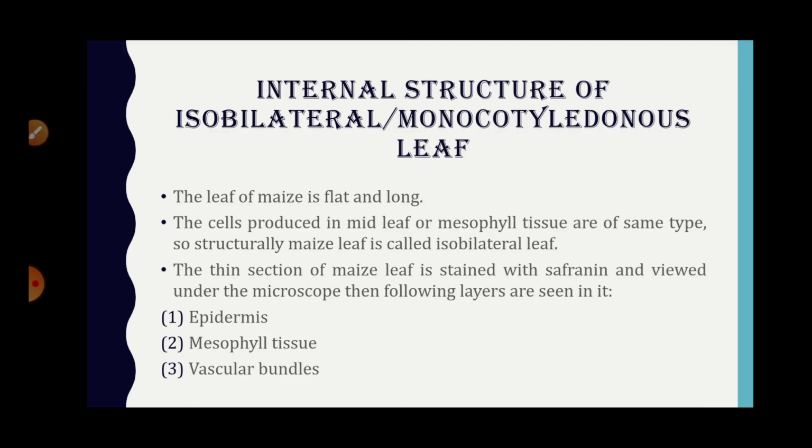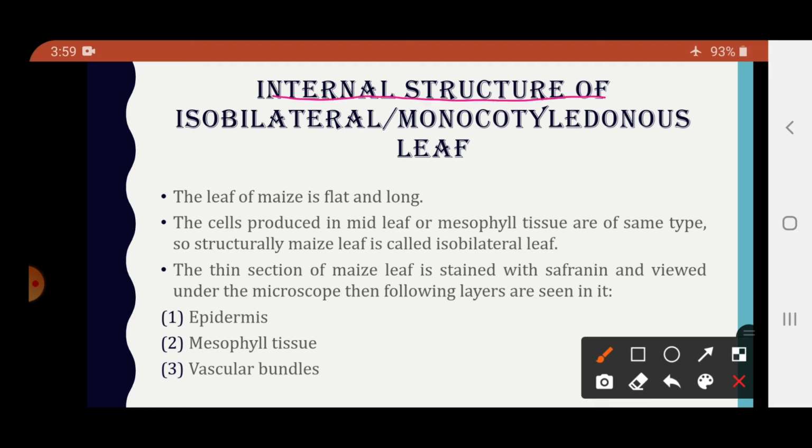Now we will study in detail the internal structure of the isobilateral or monocotyledonous leaf. Iso means same, bi means two. That is, on both the epidermis the same type of tissues are present. In dicot, what did you see? Towards the upper epidermis palisade cells were there, towards the lower epidermis spongy cells were there.